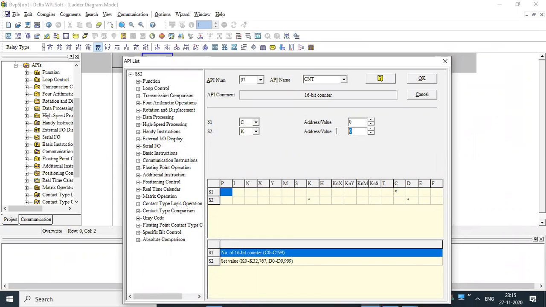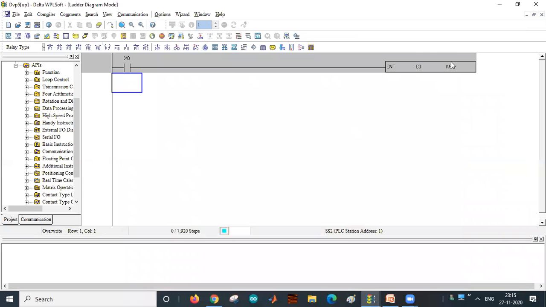The K value, the counter value: actually we have to keep 500, but to reach 500 in this program, you have to turn X0 on and off 500 times. Instead of that, I am going to use only 5.